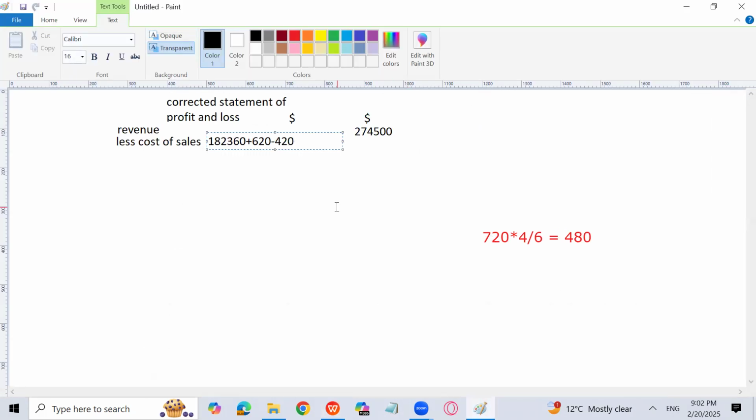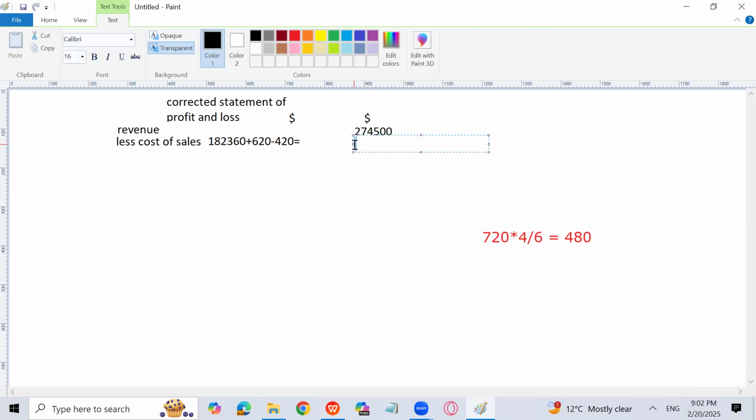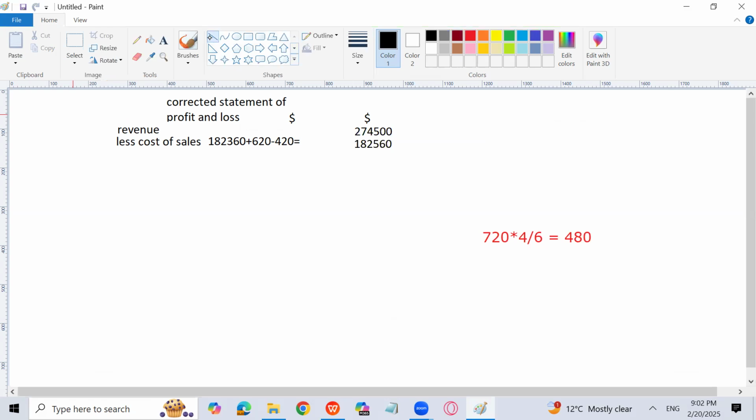So can you tell me the correct amount of the cost of sales now? 182,360 plus 620 minus 420 is going to be 182,560. So now I will subtract cost of sales from sales to get the amount of gross profit.